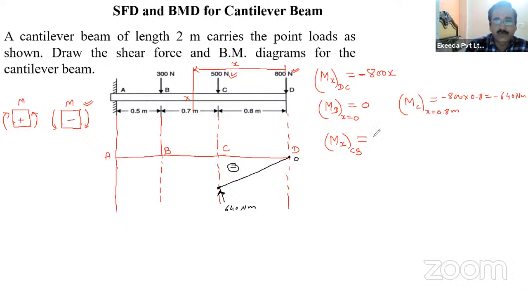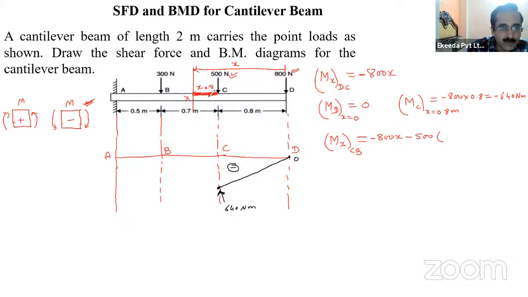So first take the moment of 800 Newton. This is minus, because according to sign convention, it is a clockwise couple, right? So this is minus 800 multiplied by x, right? Minus moment of 500 multiplied by the distance C to x. What is this distance? This distance is x minus 0.8, isn't it?